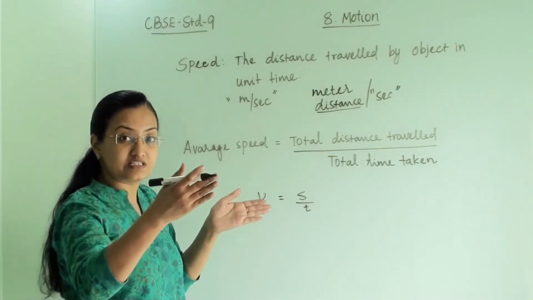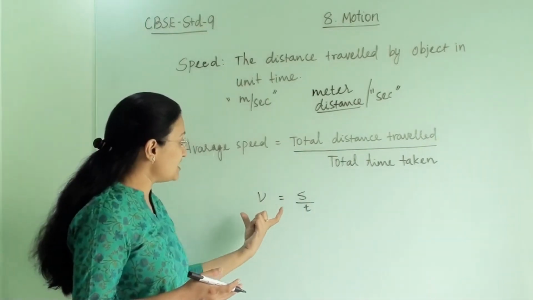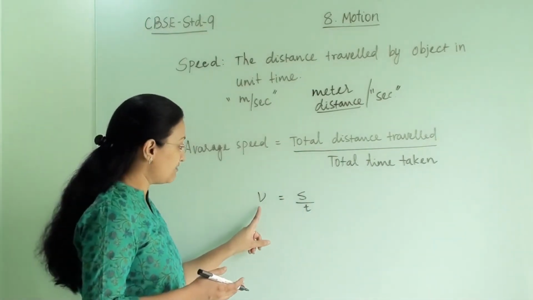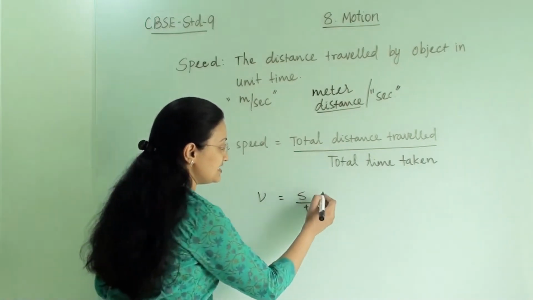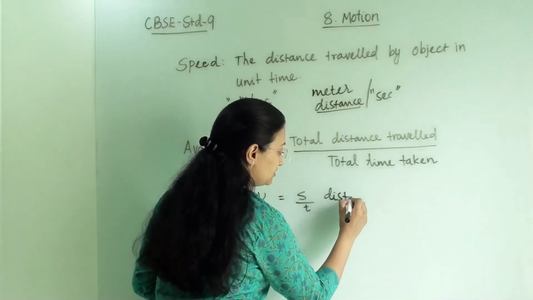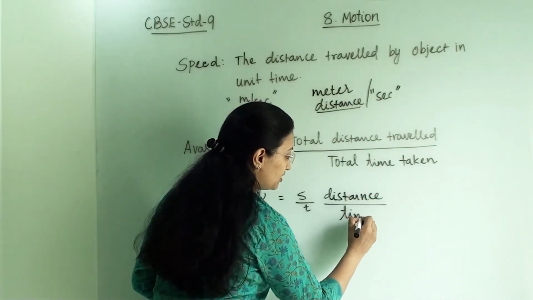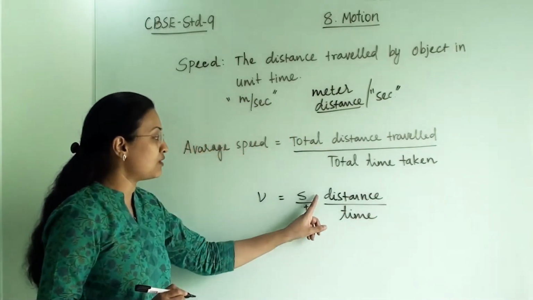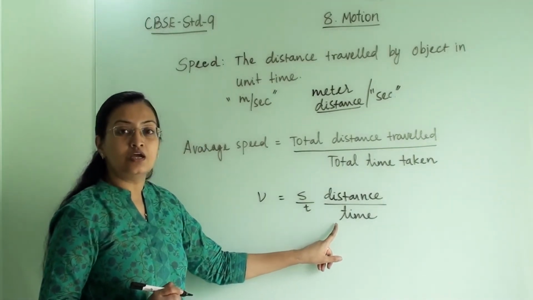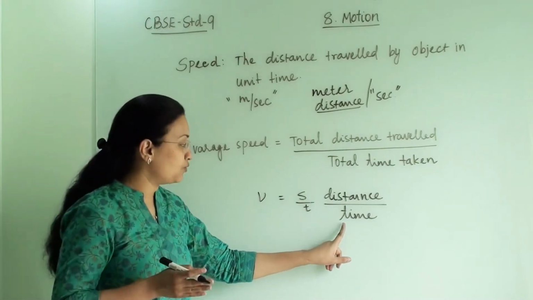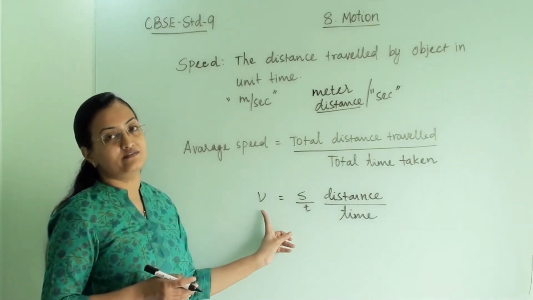Now the equation for average speed is V equals S, where S is the total distance travelled by a body, divided by the total time taken. So throughout the journey, from the initial point to the final point, the distance divided by the time taken to cover that distance will be our average speed.